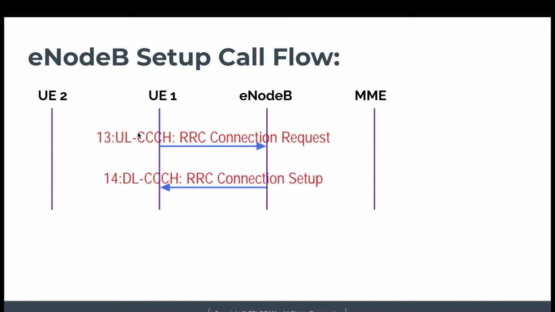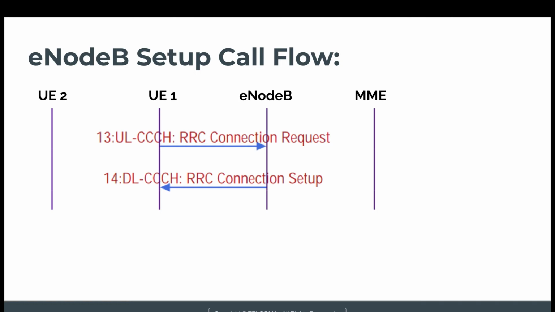Here UE1 wants to initiate a call. To make the call, it sends the RRC connection request message, and in response the eNodeB provides the resources to initiate the call or to transfer the data with the RRC connection setup message. In this way, the eNodeB setup call flow works.